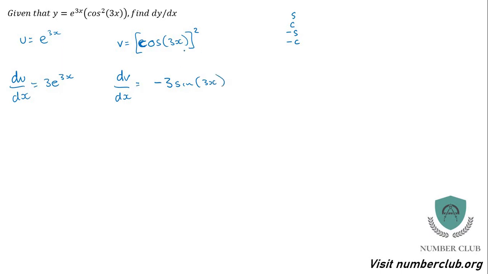That's the derivative of the inside multiplied by the derivative of the outside, which will be 2 cos of 3x. And so you'll end up with negative 6 sine of 3x cos of 3x. It's not too bad, it's just that you need to get really quick with the chain rule. Okay, so once you've got that, the next step is to multiply this by this and this by this.